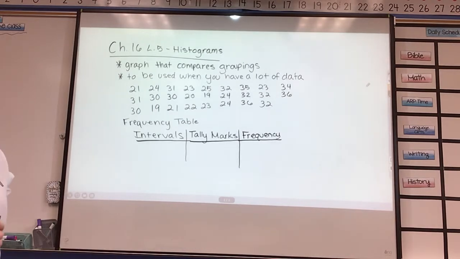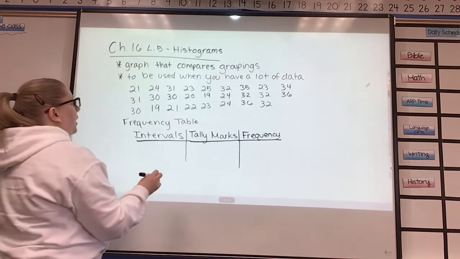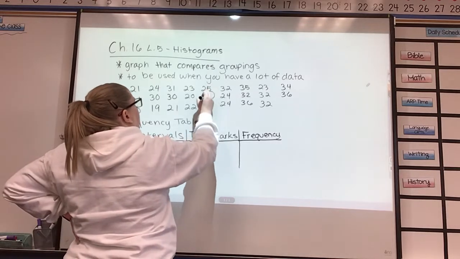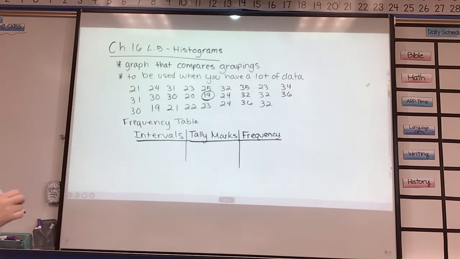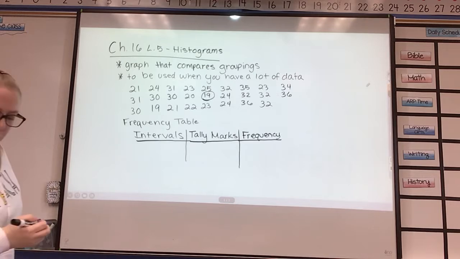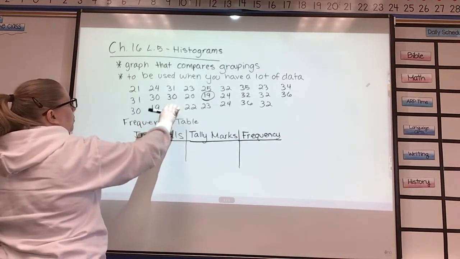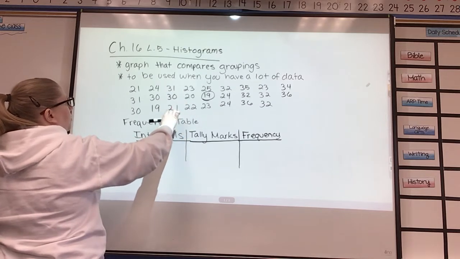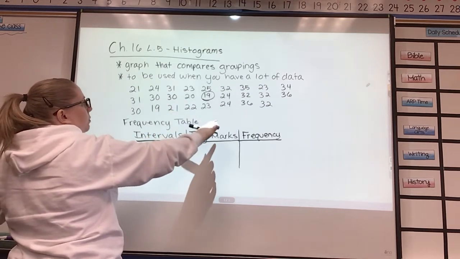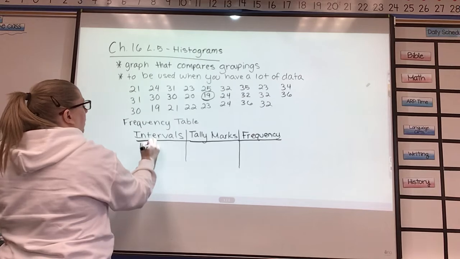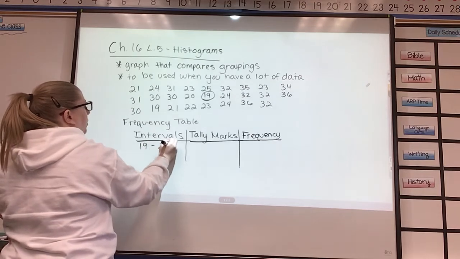So I'm going to make some ranges. So I'm going to find the smallest number, okay, 19, and I have 20, 21, 22, 23, 24. So I'm going to make an interval of 19 through 24.